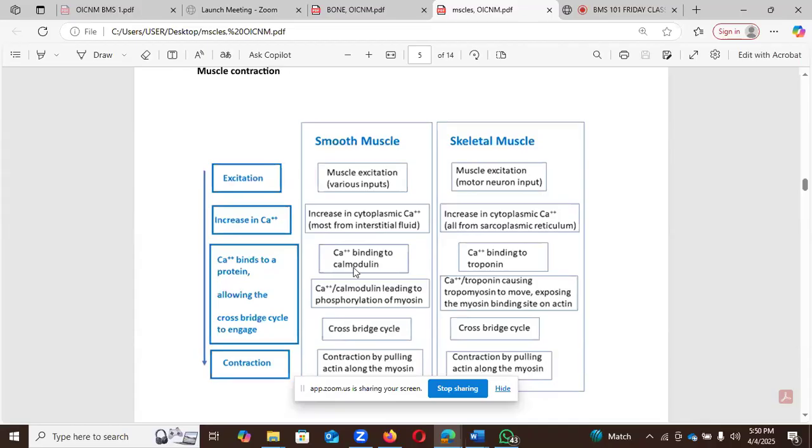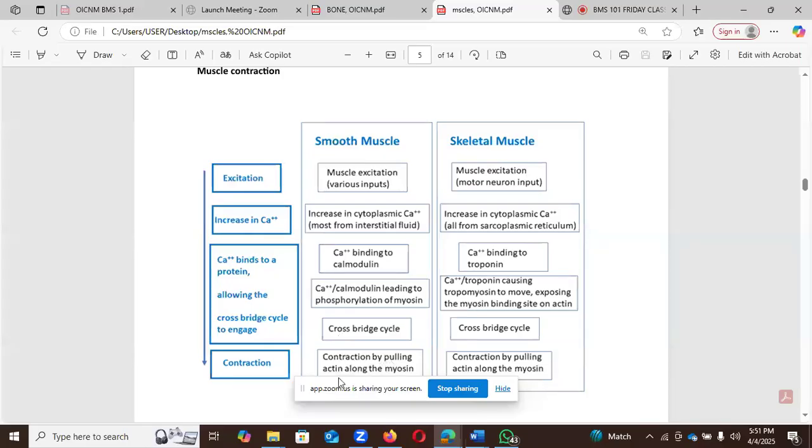Now this calcium will bind to a protein called calmodulin. Calcium binds to calmodulin. The calcium-calmodulin complex will cause phosphorylation of myosin kinase, an enzyme called myosin kinase, and there will be cross-bridge formation. Once cross-bridges form, there will be contraction.